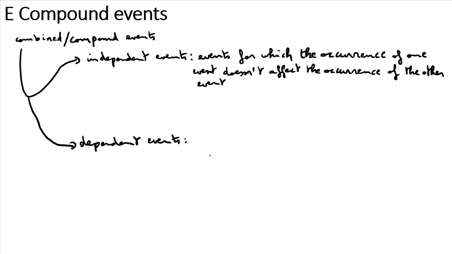While that is different for dependent events. When we're talking about dependent events, the occurrence of one event does affect the occurrence of the other event.